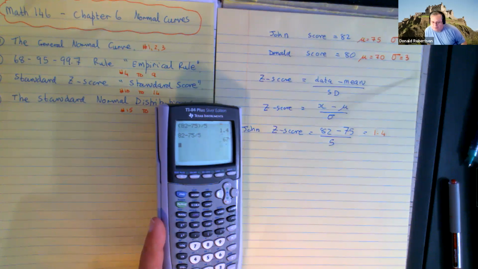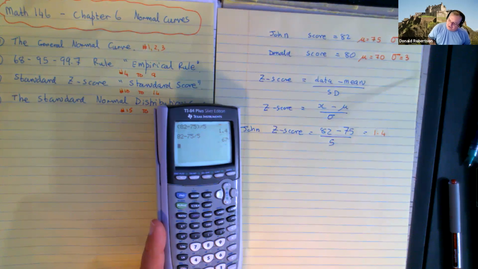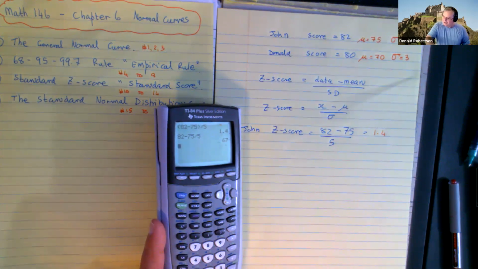I mean, that's ridiculous. Z-scores typically are between -3 and 3. And that 3 is not magic, because the Z-score measures how many standard deviations away from the mean you are. And remember, 1, 2, 3 is almost everybody.